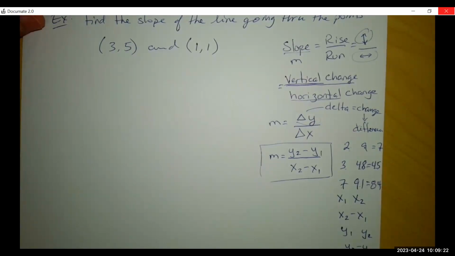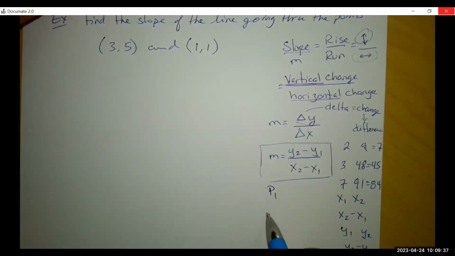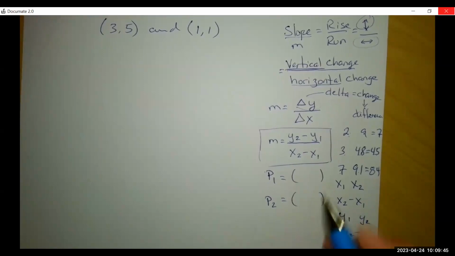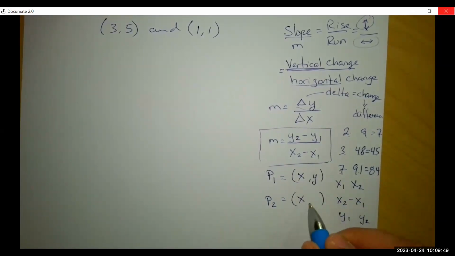Now the question is, what are x1, x2, y1, y2? Remember, we have 2 points to find the slope, right? So we have point 1 and we have point 2. Point 1 is made up of an x and y, right? And so is point 2.